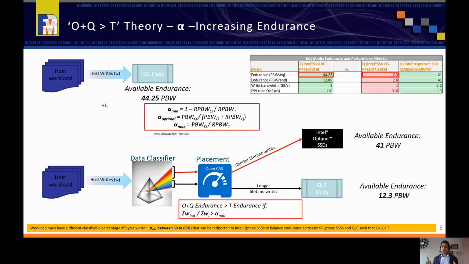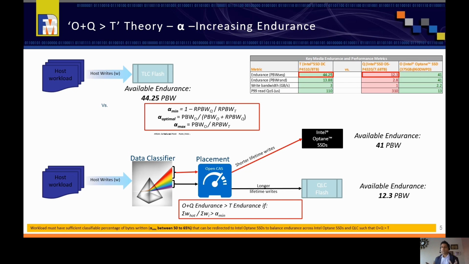First, we need to pass the workload through a data classifier. This is what I'm showing on the diagram at the bottom. And this data classifier will classify hot and cold data. Our placement engine in this case is OpenCAS, and it knows how to consume these classes and place data across Optane and QLC.